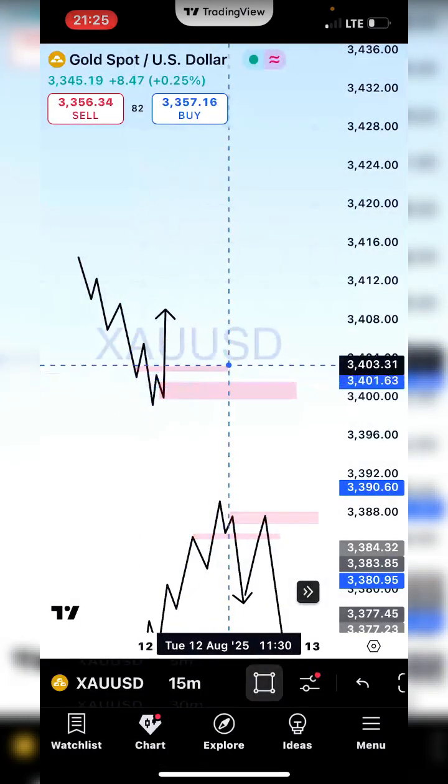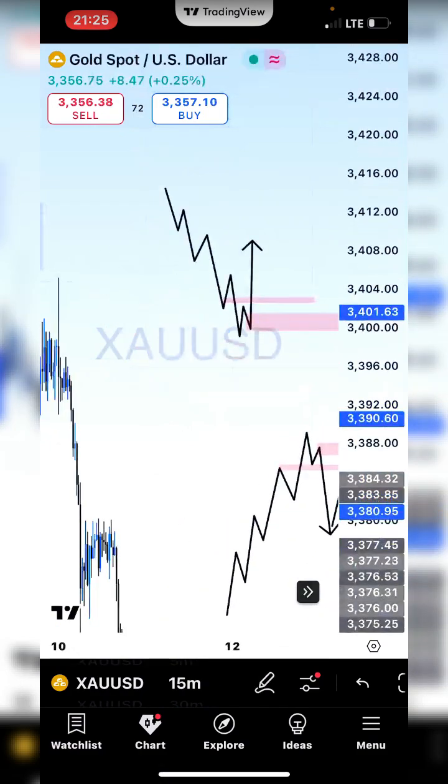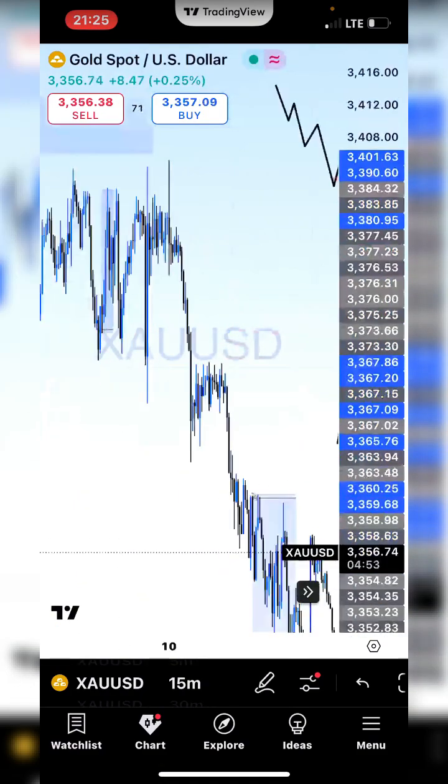I'm going to show chart examples now. Let me look for a chart example. So let's see, what do we have here?